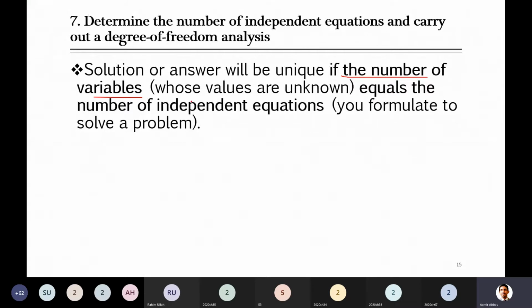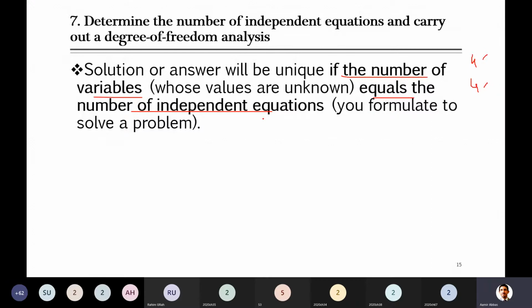Once you know the number of variables, in order to solve for them you need equations, and we need an equal number of independent equations. For example, if your number of unknown variables is 4, we will look for 4 independent equations, and when they are equal, meaning 4 unknowns and 4 equations, then you can get the solution.